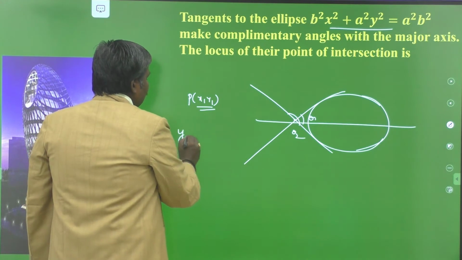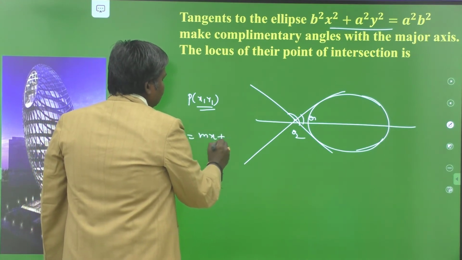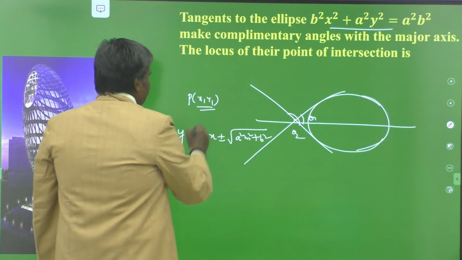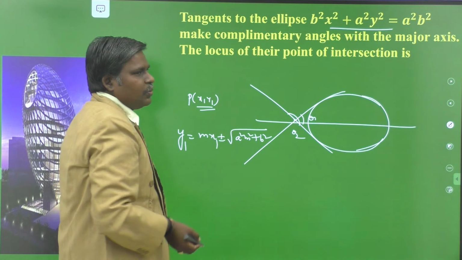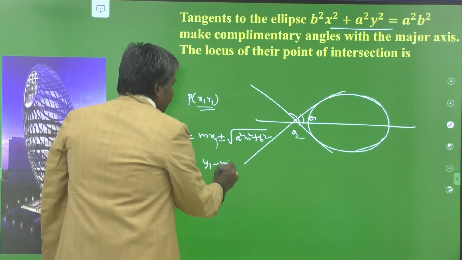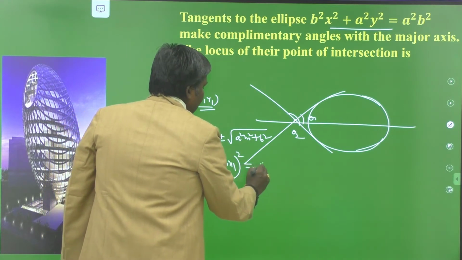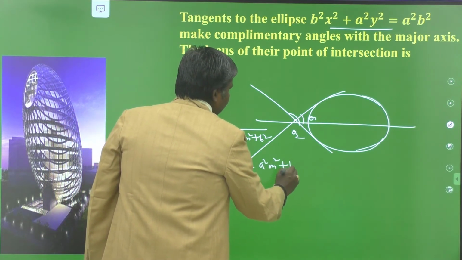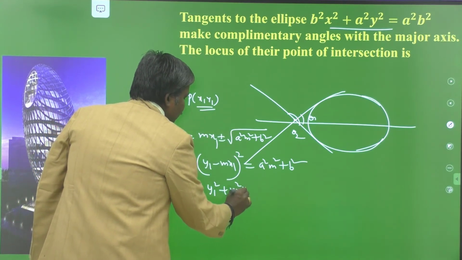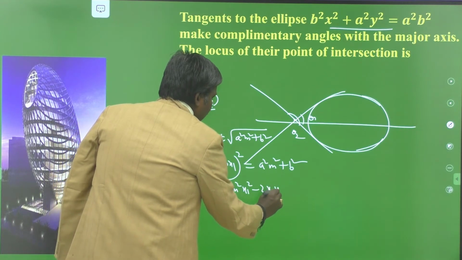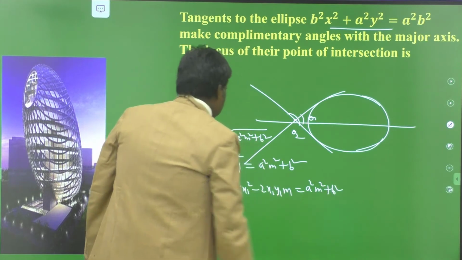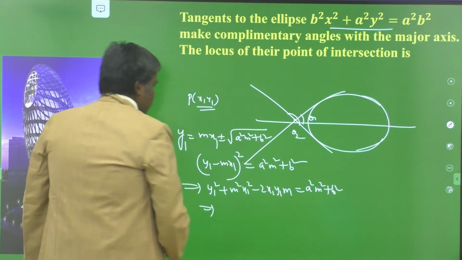The equation of any tangent to the ellipse is y = mx ± √(a²m² + b²). If it is passing through our point (x1, y1), it produces our required results. Therefore (y1 − mx1)² = a²m² + b². This implies y1² + m²x1² − 2x1y1m = a²m² + b².